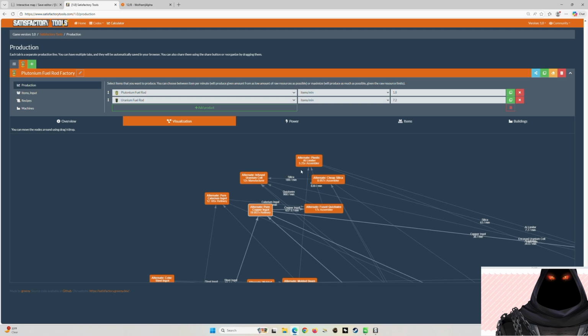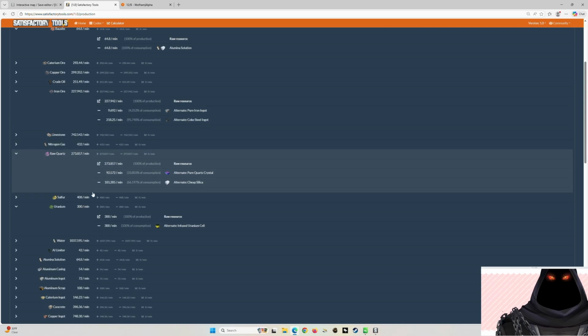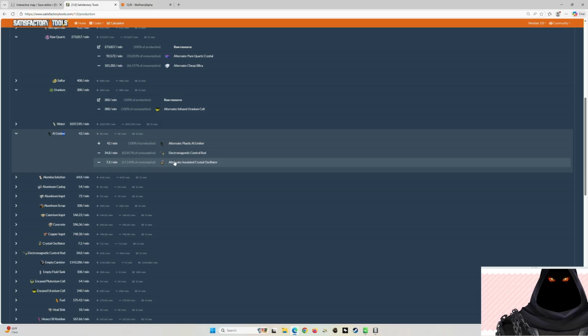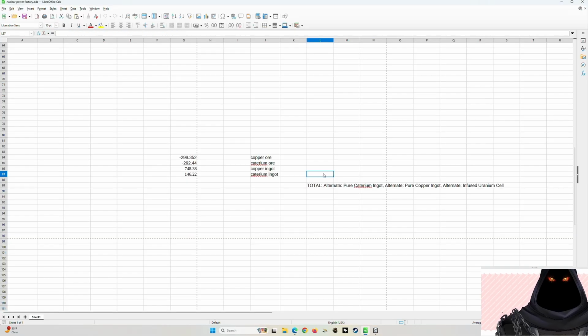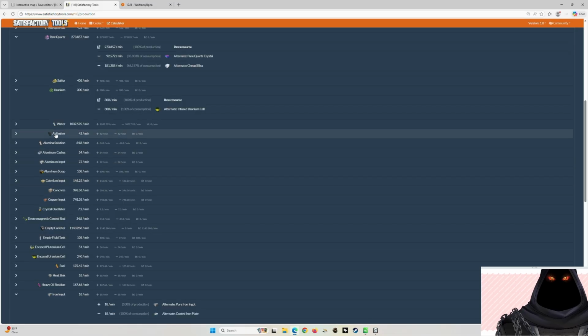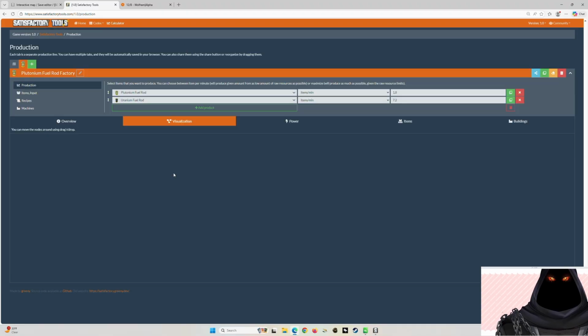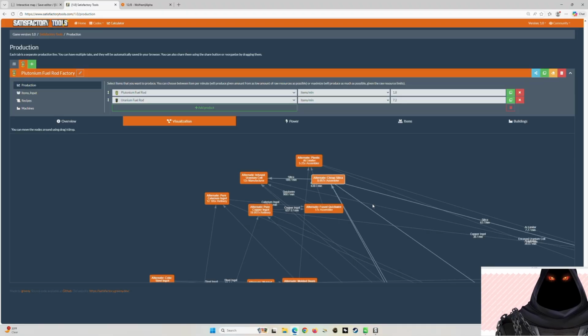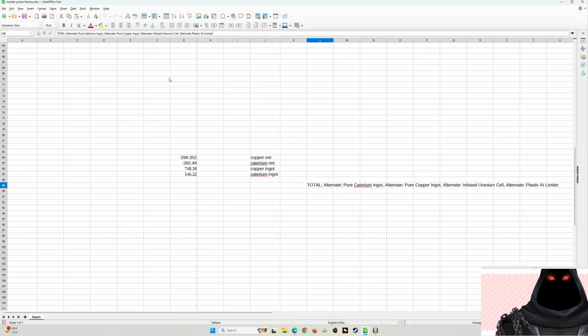Oh, we're gonna make some AI limiters. Alternate plastic AI limiter. We're gonna make some cheap silica.